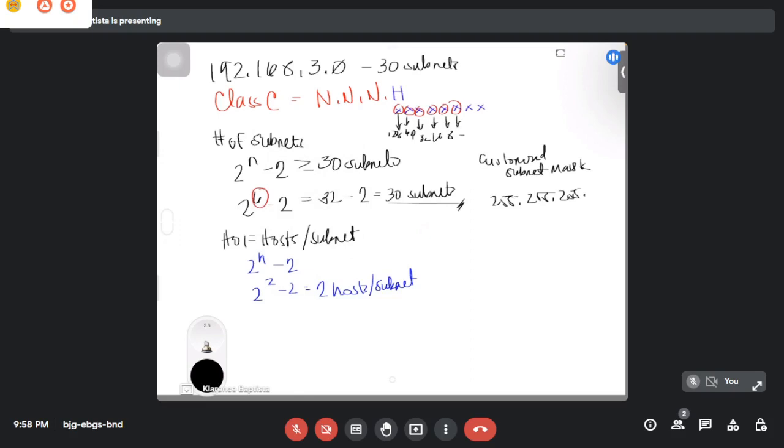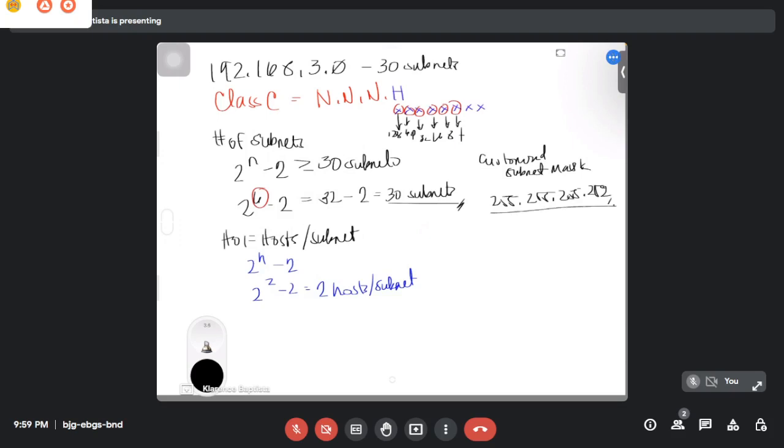So pag pinag-add po natin si 4 plus 8 plus 16 plus 32 plus 64 plus 128. So ulit natin, we have 4 plus 8 plus 16 plus 32 plus 64 plus 128. It's 252, no? .252. Ayan.